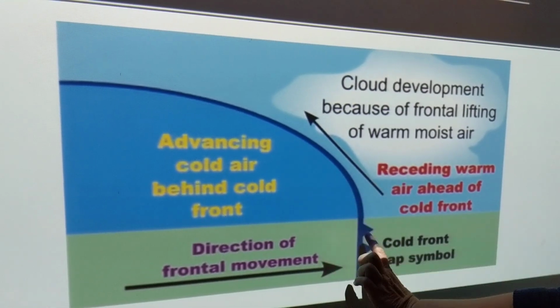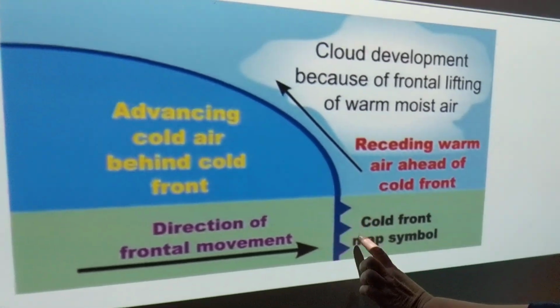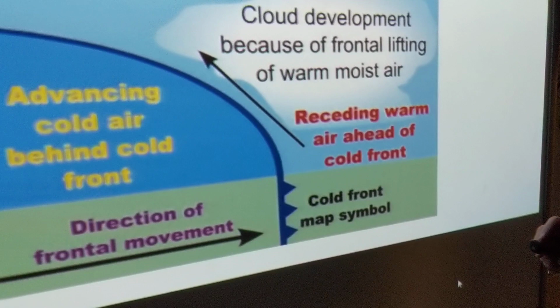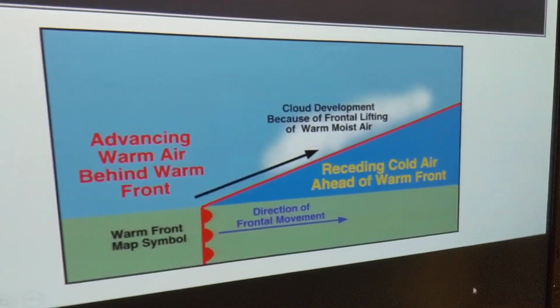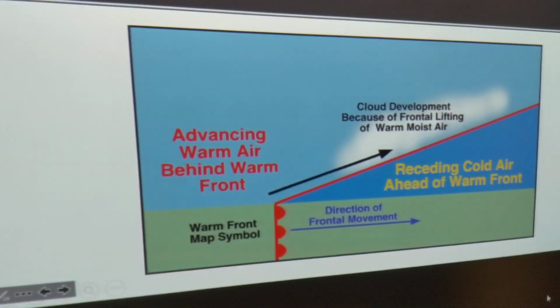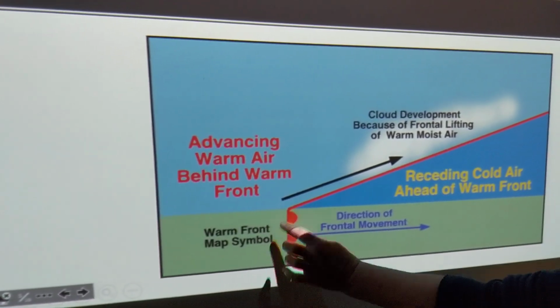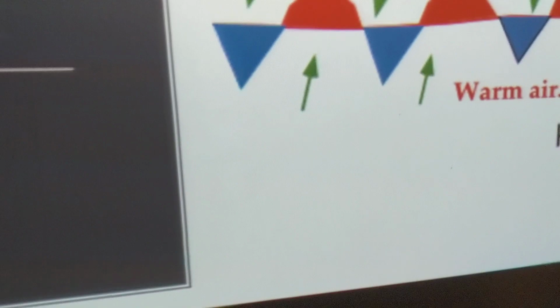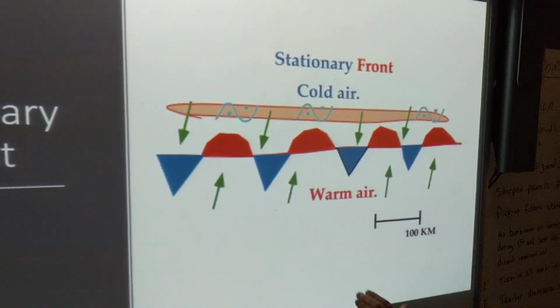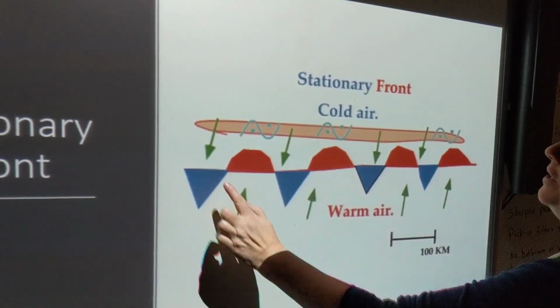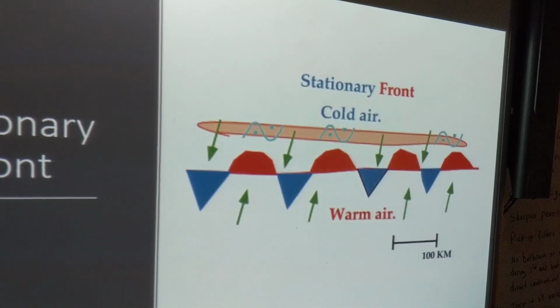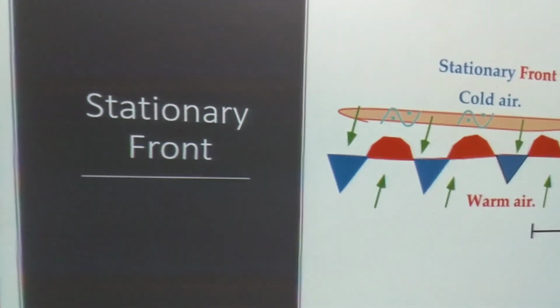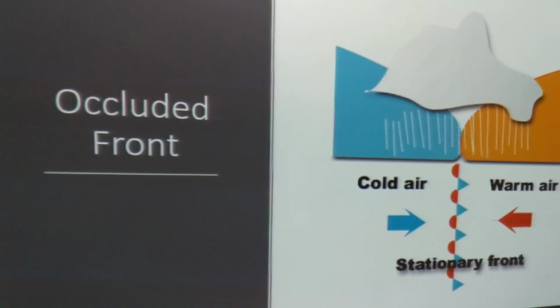Notice the symbol for a cold front, triangles pointing in the direction the cold front is moving. Warm front, you have half circles moving in the direction of warm air. Once again, low pressure system. Stationary front, you have a cold front moving one direction, warm front moving the opposite. A stalled low pressure system.